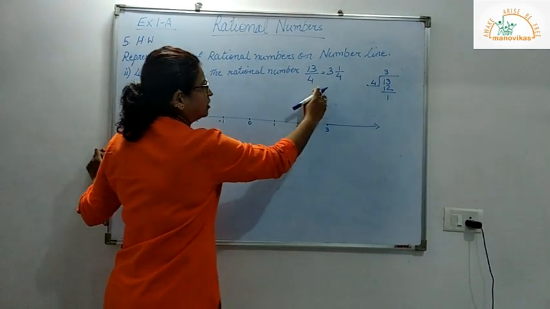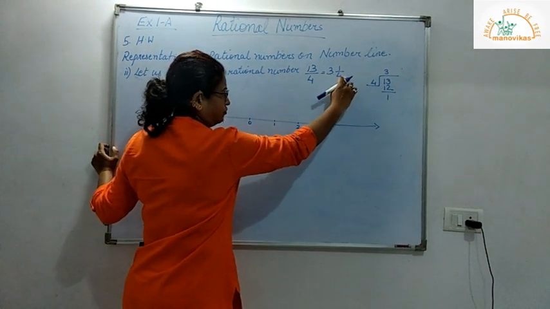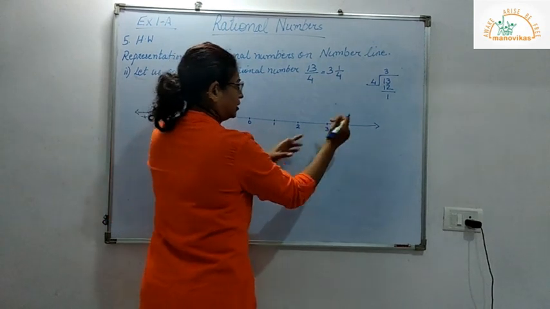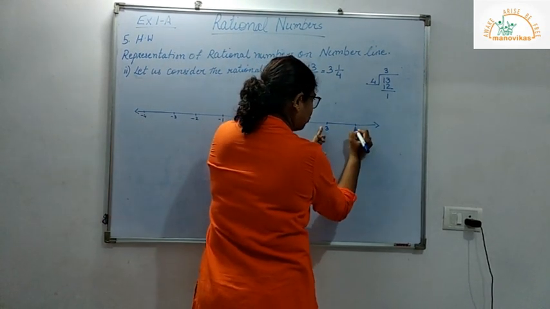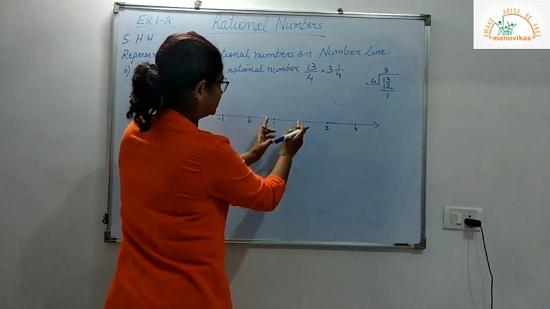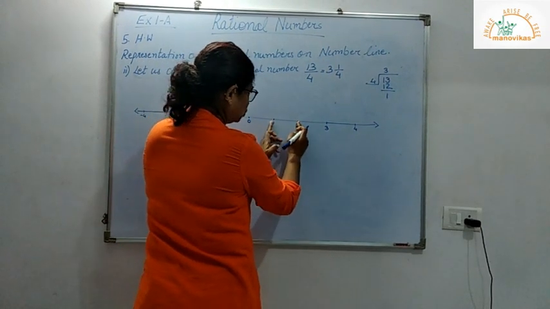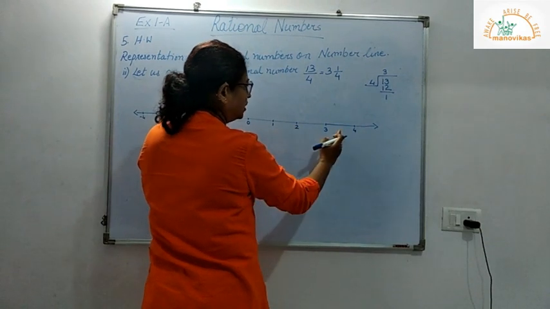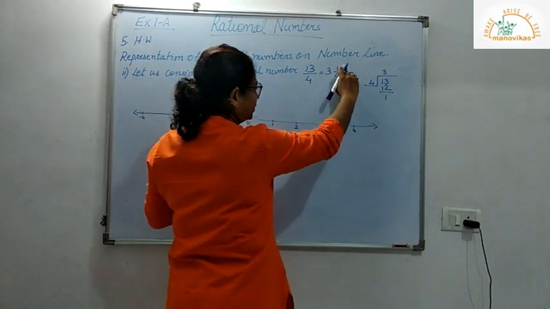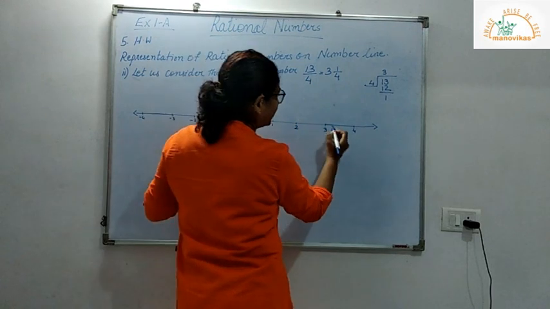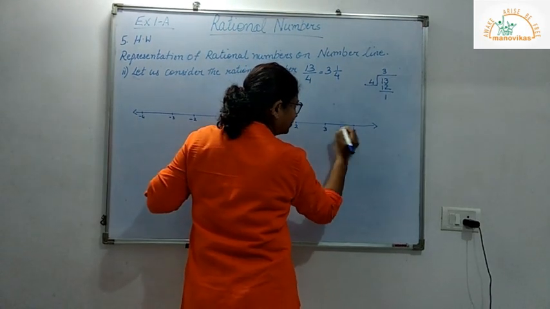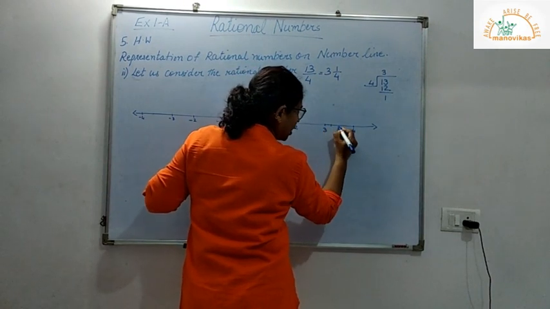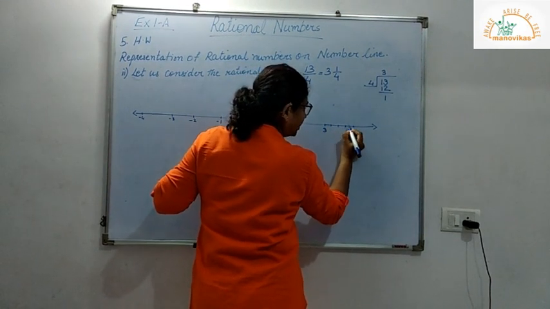Now the number is 3 and 1/4. So 3 unit lengths and 1/4, that is from 3 to 4. My 3 is 1, 2 and 3 here on the right hand side of the number line, and 1/4 can be represented by dividing this unit length from 3 to 4 into 4 parts, that is 1, 2, 3 and 4.